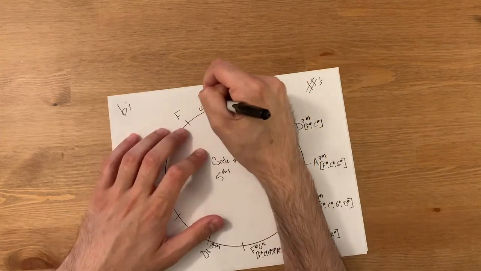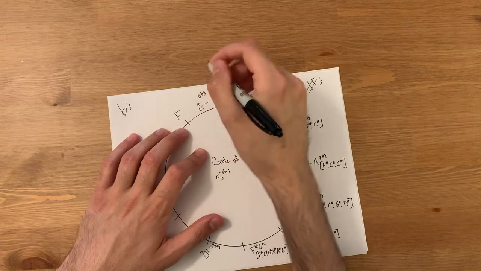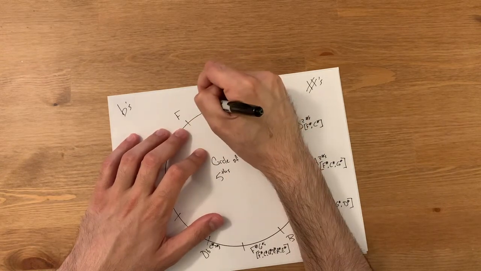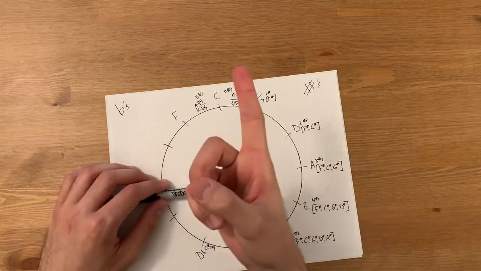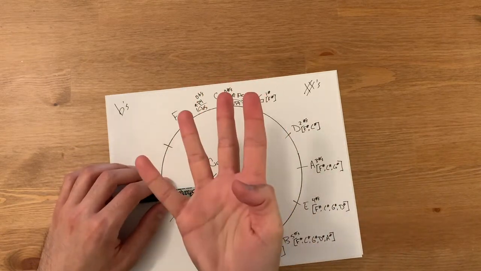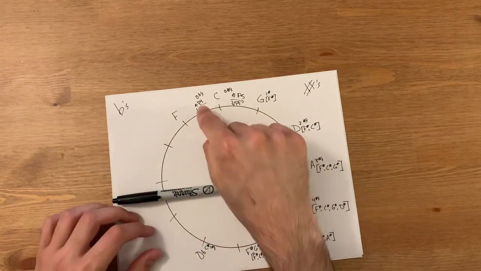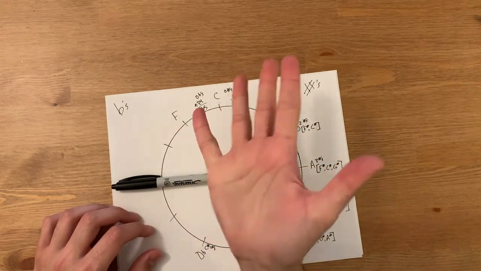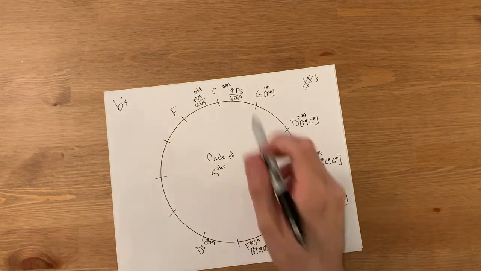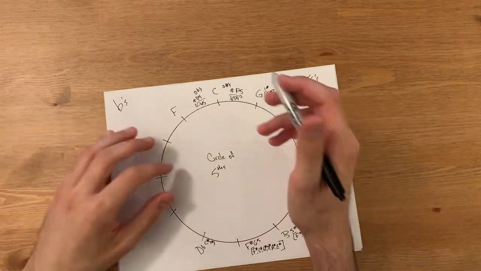Similarly, going backwards would yield up a perfect fourth or down a perfect fifth, right? So C, D, E, F, that's going up, gives you a perfect fourth, but C, B, A, G, F going down gives you 5. As long as you can keep track of that, you're gonna be fine.